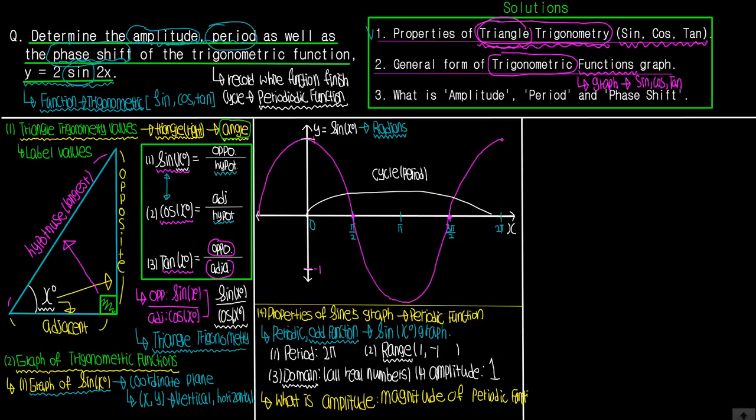Well, magnitude refers to a specific height, which means it can be either the minimum or the maximum value. But in this case, the highest one will be the magnitude, which is 1. That's why the amplitude in this case is 1. What is the 1? Well, it is the maximum value of our periodic sine general graph form.